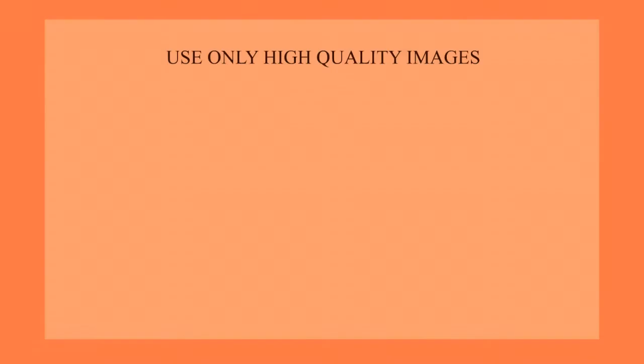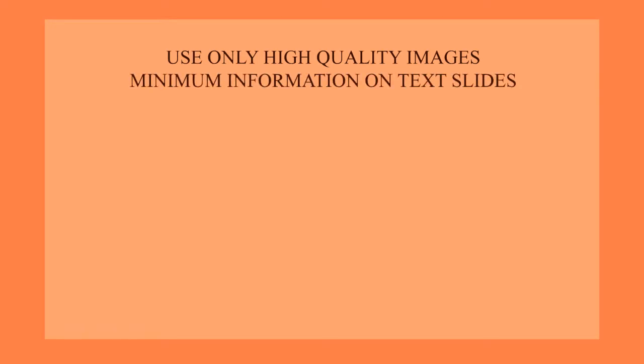To sum up, the essentials for an acceptable screen presentation are as follows. Use high-quality images, preferably all of the same aspect ratio. Text slides should only have minimum information in simple sentences, at least in 36 or 40-point font size.